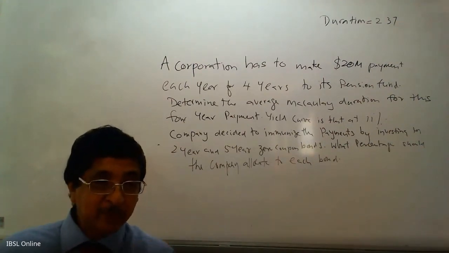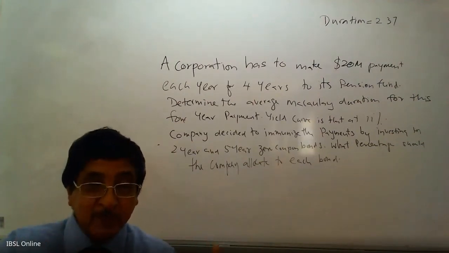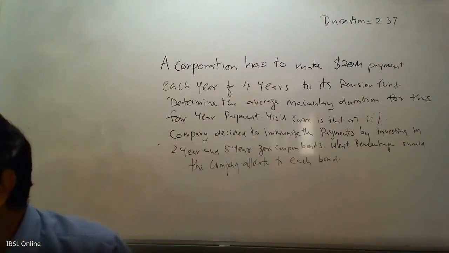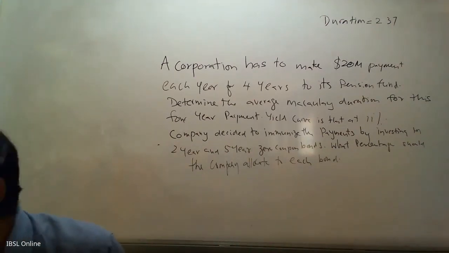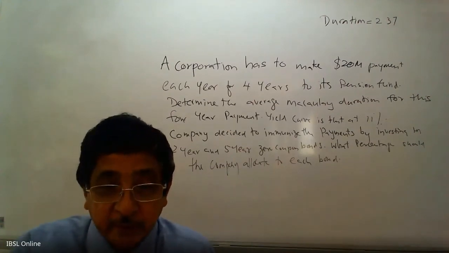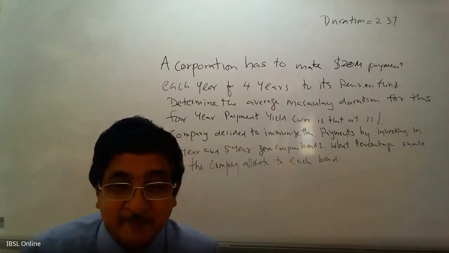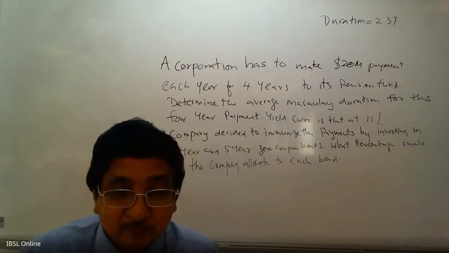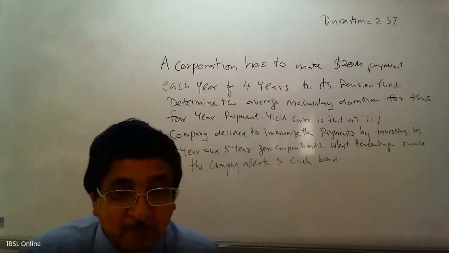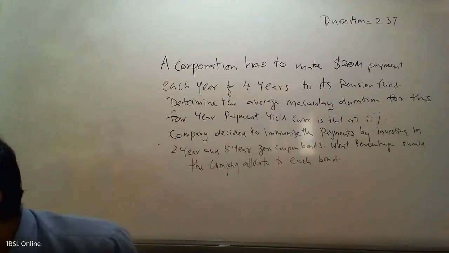In order to immunize the payments, they decided to invest in two types of zero coupon bonds. What are these two types of bonds? 2-year bonds on one side, the other one is 5-year bonds. Now, I am asking you a question here. When you have a 2-year zero coupon bond, what is the duration of that bond?